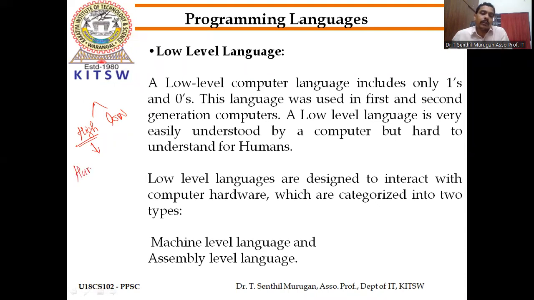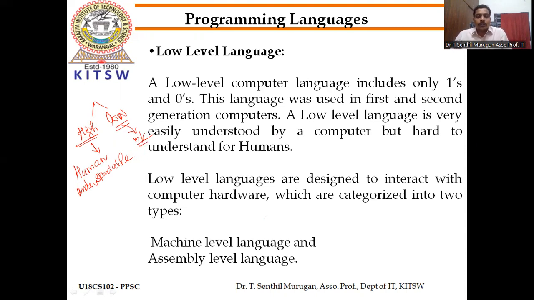Human understandable language. But low level language is machine understandable language. We humans are unable to understand this language. Machine will understand it. Those languages are considered low level languages.